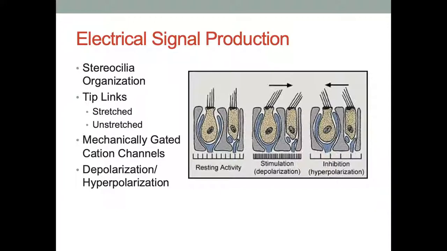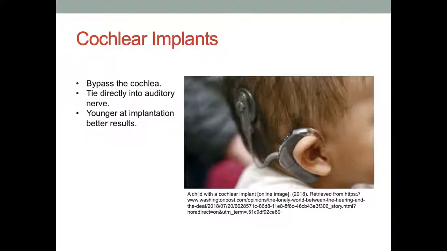Some of the portions are the primary auditory cortex, as well as the brainstem and medial geniculate nucleus of the thalamus. So various places it can be sent to.